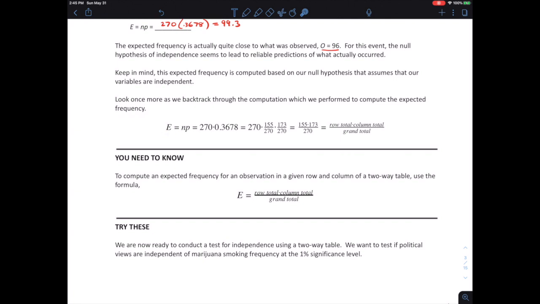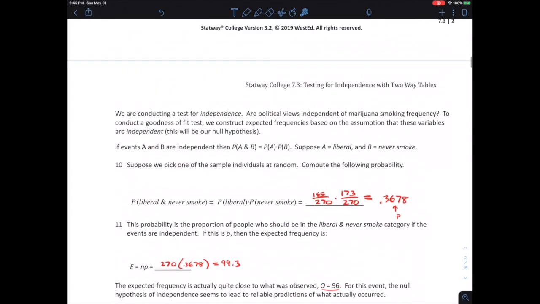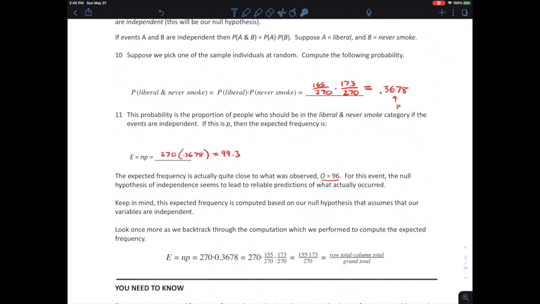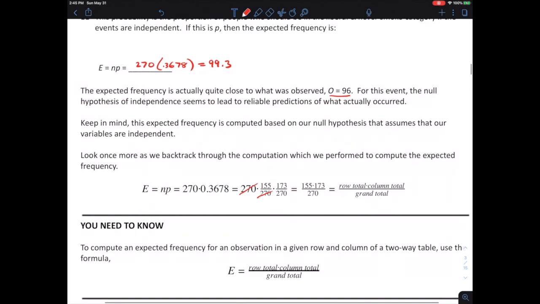Look once more as we backtrack through the computation which we performed to compute the expected frequency. The expected frequency was n times p, which was the 270 times 0.368. Now, the 0.368 was another result of a computation, this one up here. So if you look, this computation is this computation down here, all being multiplied by 270. And again, if you look, the 270 appears 3 times in that computation, and it's 2 times too many, because you can cancel this way. And so you end up with just the 155 times 173 over 270, which is the final result that needs to be computed.